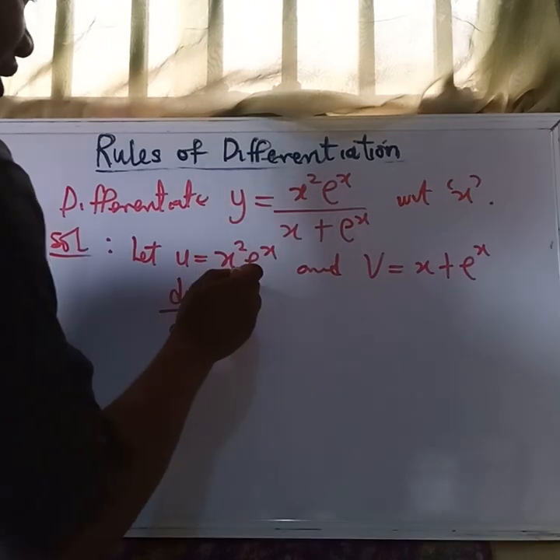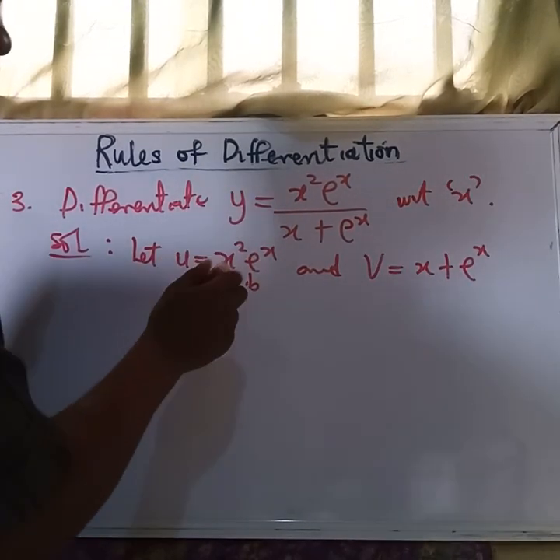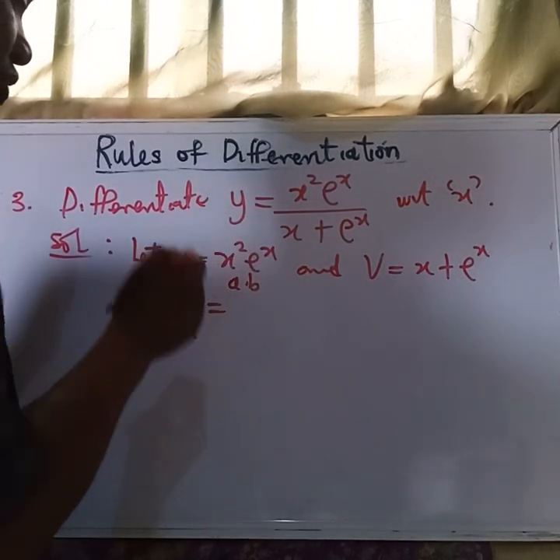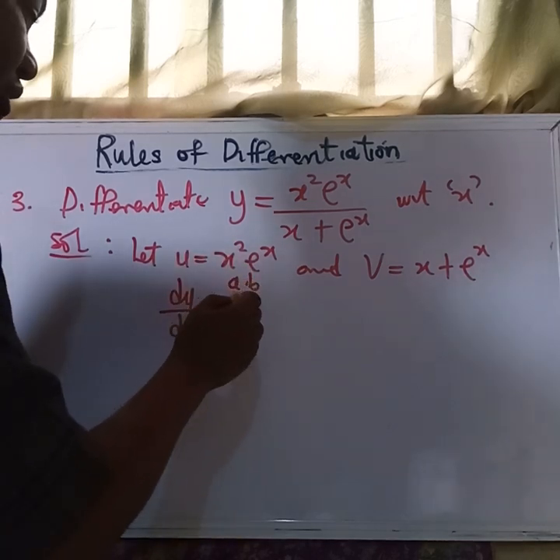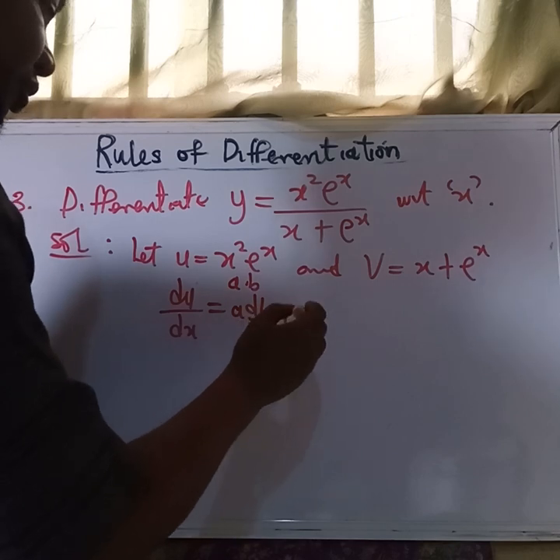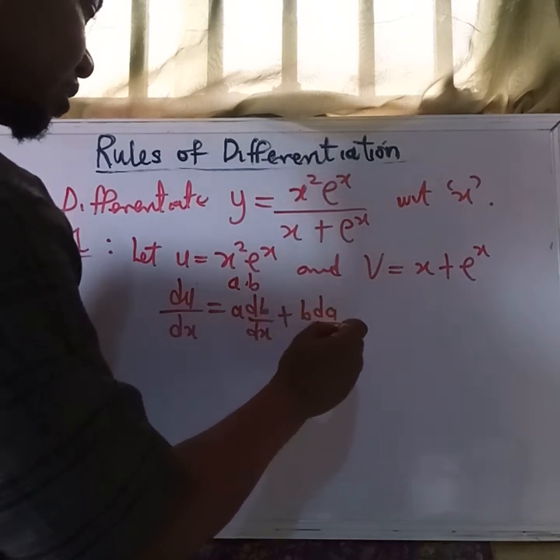Let's call this term a, and let us also call this term b. Since the variables are dummy, we can use this to express the formula of the product rule. Accordingly, this will be a db dx plus b da dx.